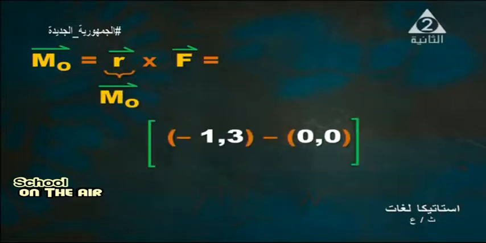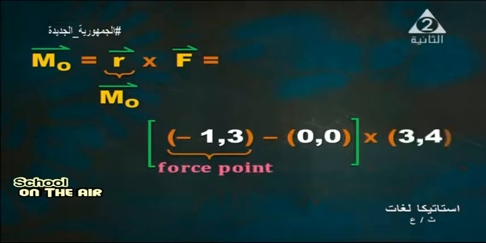Look at, the moment of the force about the origin point O equals r cross F. What is the meaning of position vector r? What is the meaning of the force? Then, using r = (-1, 3), the force point, cross (3, 4), the force.